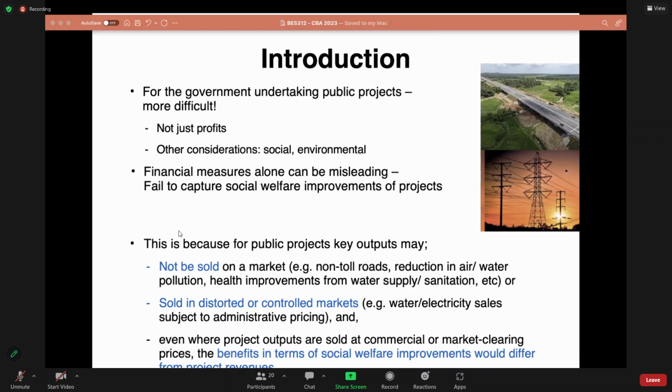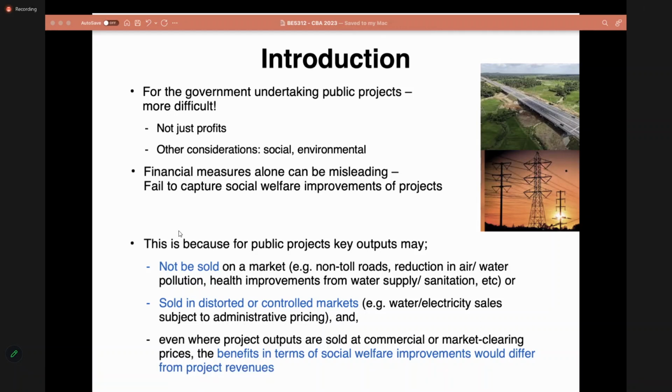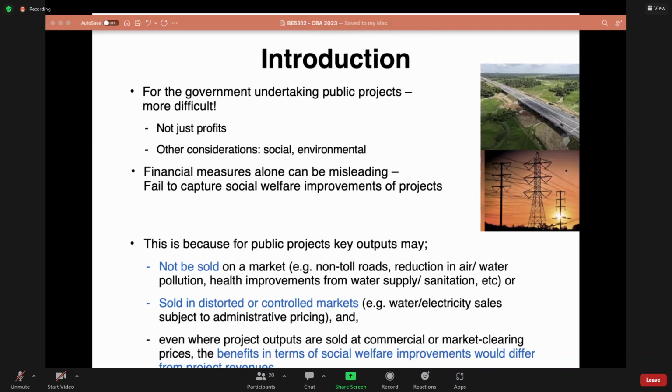Here, for a government, the main objective is not just making profits, is it? There are lots of other considerations that a government has to consider when they think about undertaking public projects or investing public money. So, for instance, whether a project is going to bring about any social benefits, any environmental benefits.